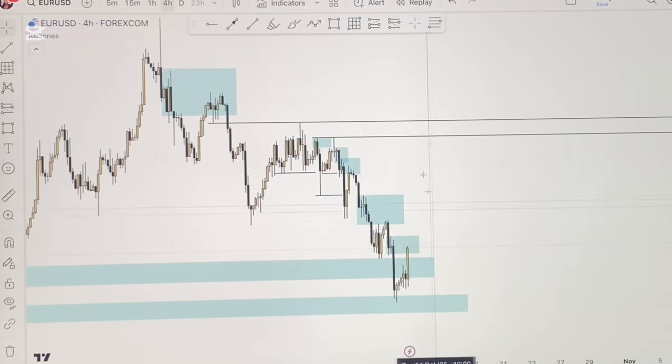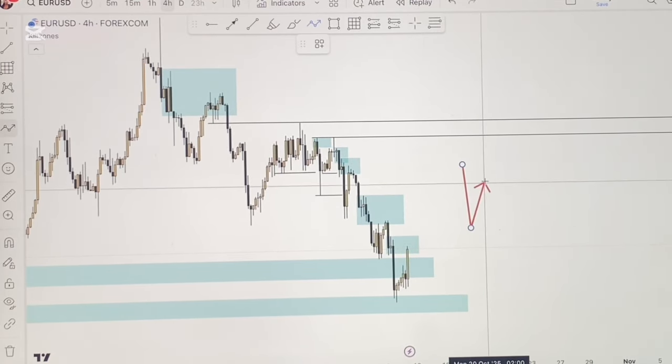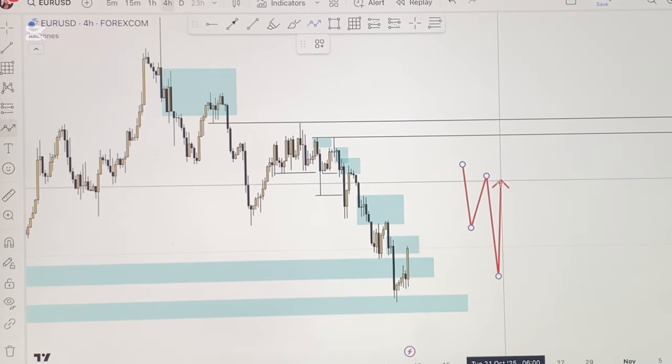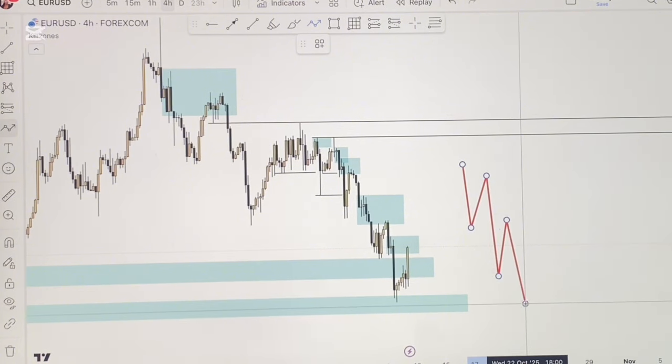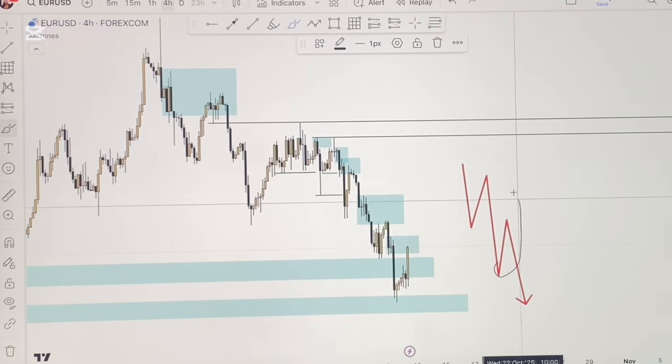Remember I was saying the other time that if you are going down, it's not every time that market will have a deep retracement. There are times we will just have little retracements like this and push down again. So if you are trying to catch a buy, maybe from this region up to that region, you might actually be stopped out, because you can see the market might reverse back on you.